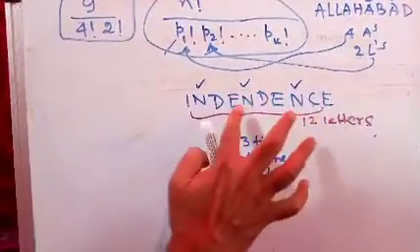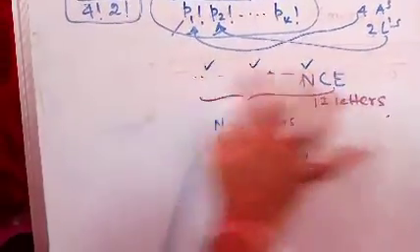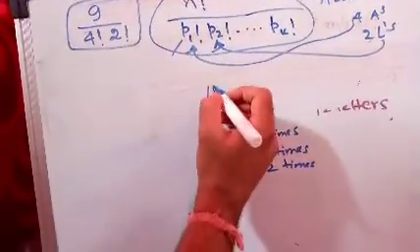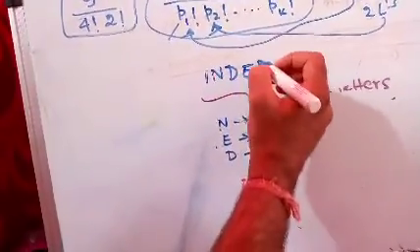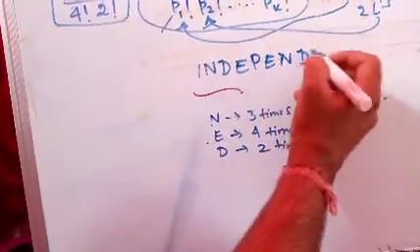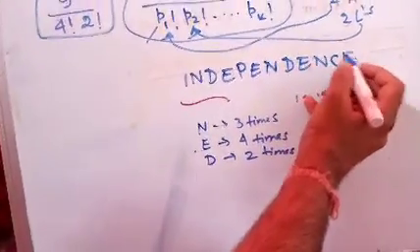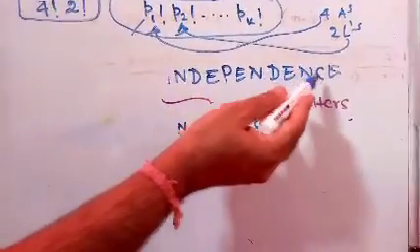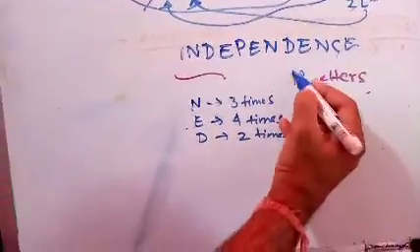Oh, okay, I have written it wrongly. It is "dependence". So how many letters are there? 1 2 3 4 5 6 7 8 9 10 11 12. So we have 12 letters, right?